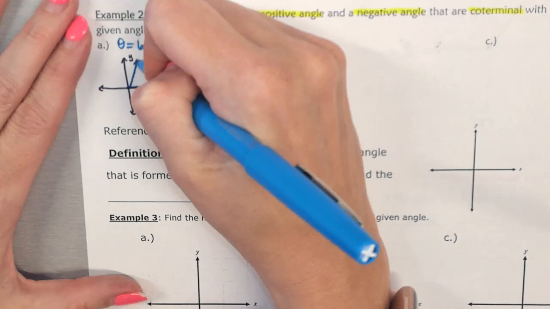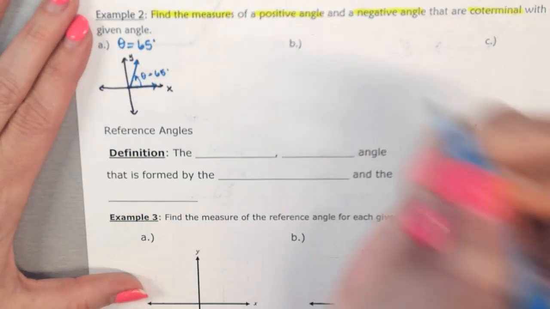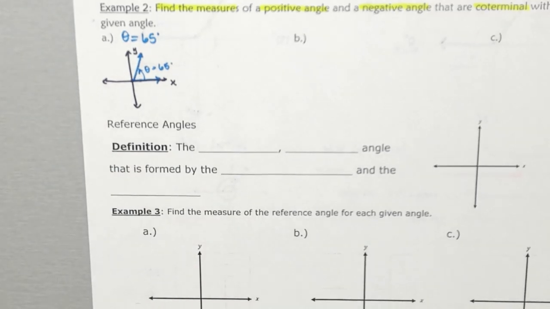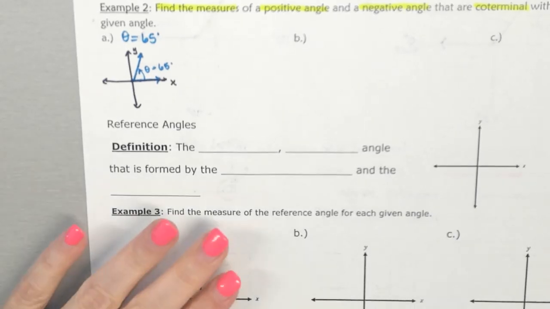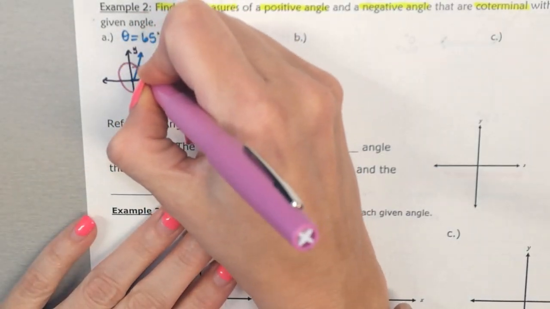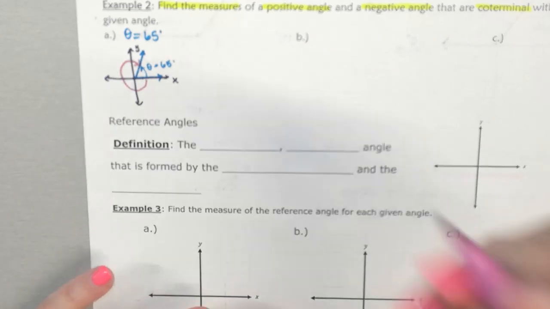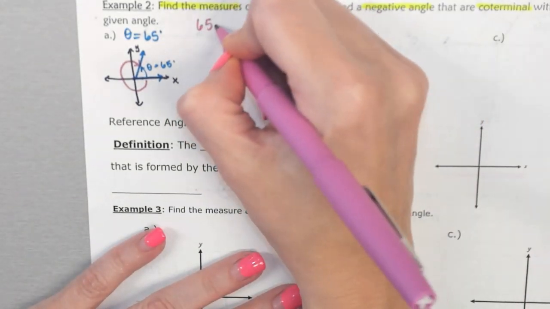About 25 degrees there. To find that negative coterminal angle, all you are finding is this angle here, because together they make 360. So all we have to do is do 65 minus 360.